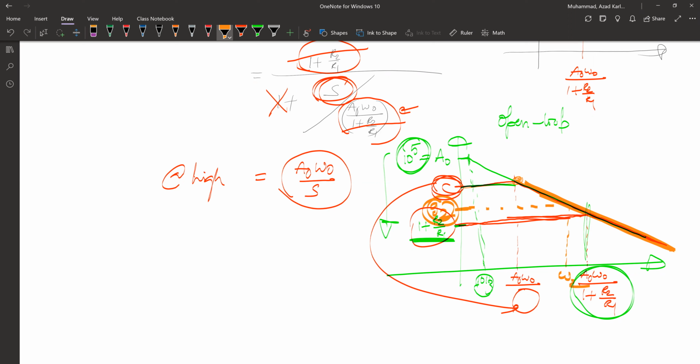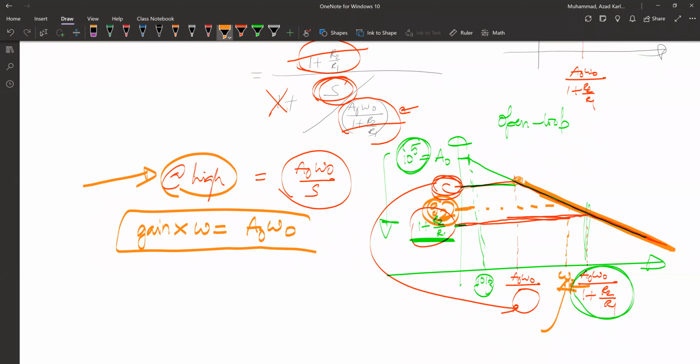If you know one of these, we can just find the bandwidth if you know A naught omega naught. Because we just saw that at high frequencies, we have this. So a gain at high frequencies times omega will be equal to the gain bandwidth product for the non-inverting configuration as well. Does that make sense?